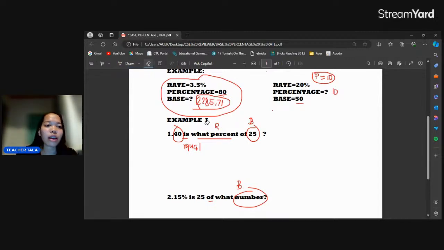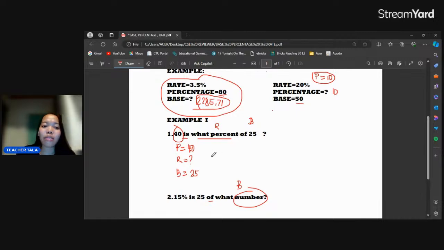Okay? So, now let us assign the numbers. So, si P is 40. Tapos, si R is missing. Siya yung hahanapin natin. Tapos, si B is 25. Again, the question is, 40 is what percent of 25?